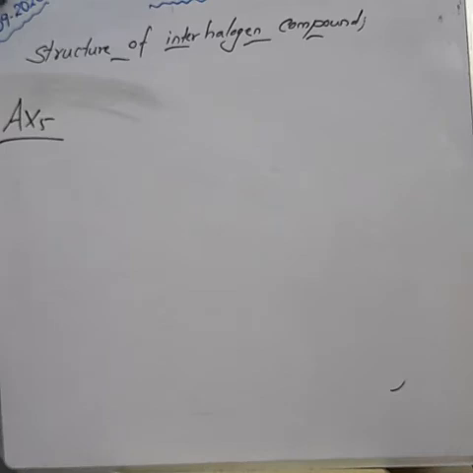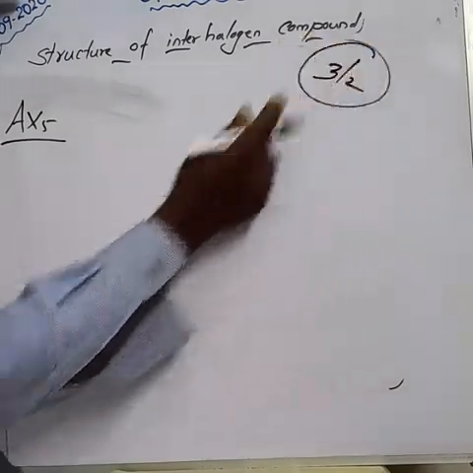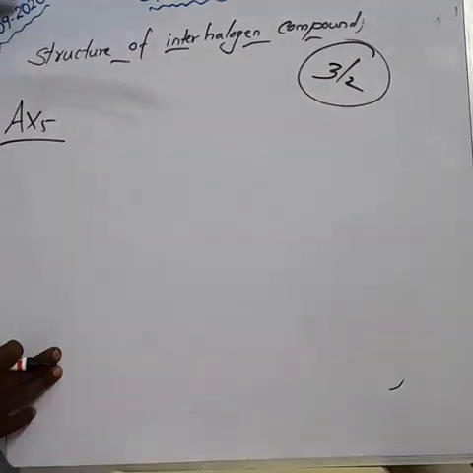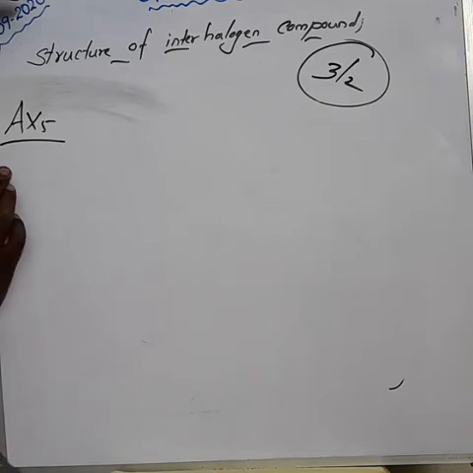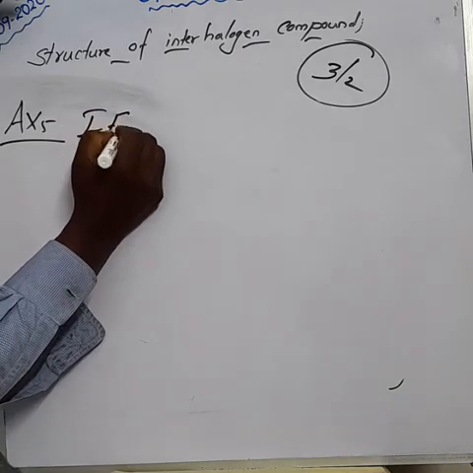There is a 3 bond pair and 2 lone pair, okay, 3 by 2, like here. Next AX5 type, here the very good example for the AX5 type means IF5.